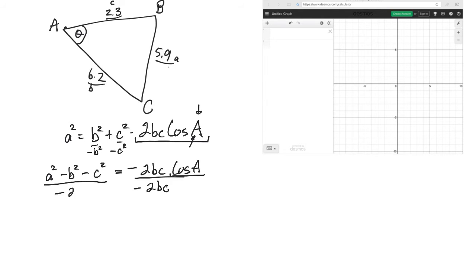So I'll have cos A equals A squared minus B squared minus C squared over minus 2BC. Okay, now let's plug some numbers in.